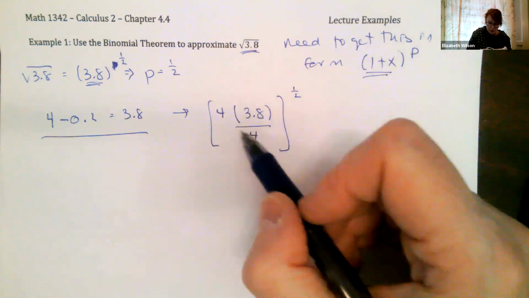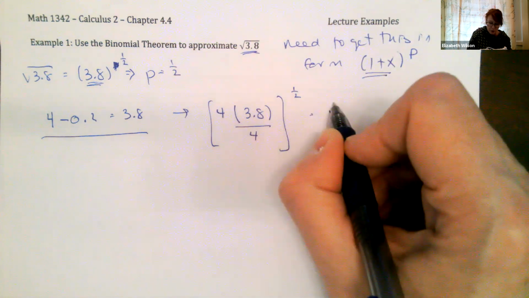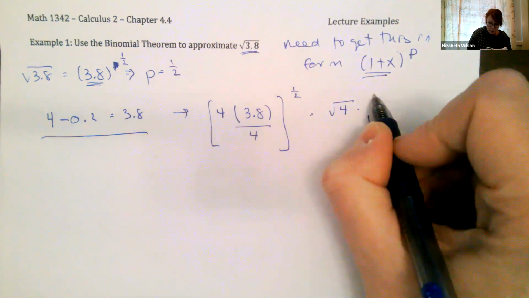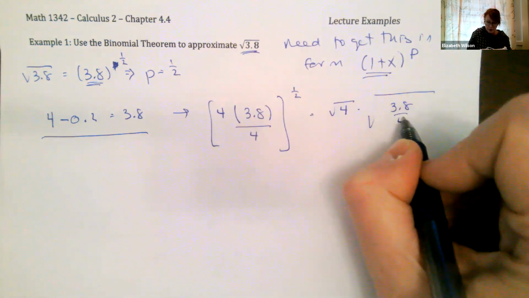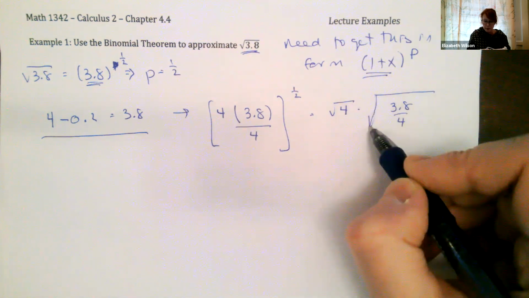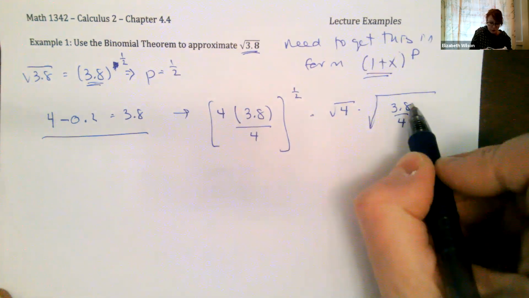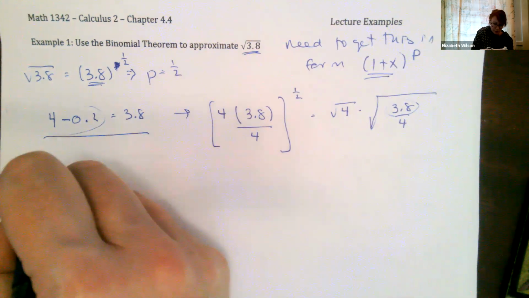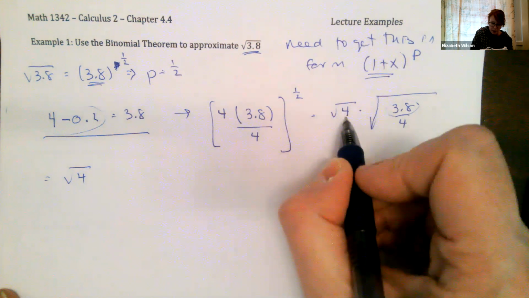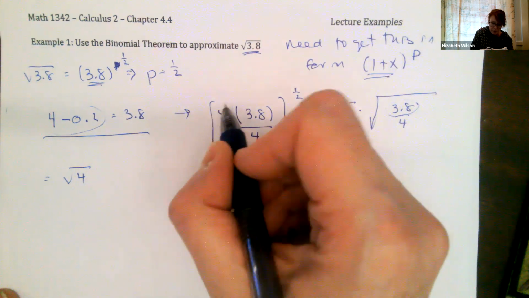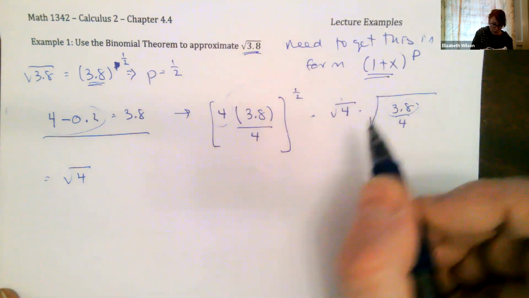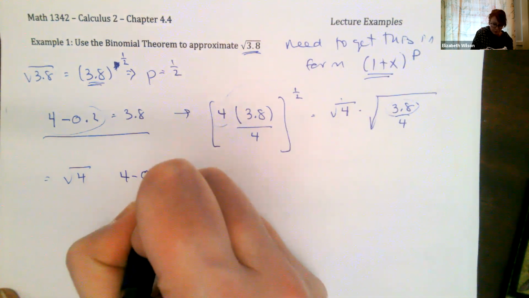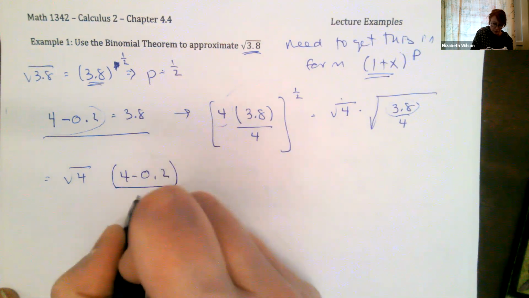So now I can say I've got radical 4, and I'm going to factor this out, radical 4 times 3.8 over 4. I'll put this back into radical form so you can think about it that way. Now let's substitute 3.8 with 4 minus 0.2. Don't forget this radical 4 that we've got from here. This radical 4 is the same thing as that radical 4. So this becomes 4 minus 0.2 all over 4.